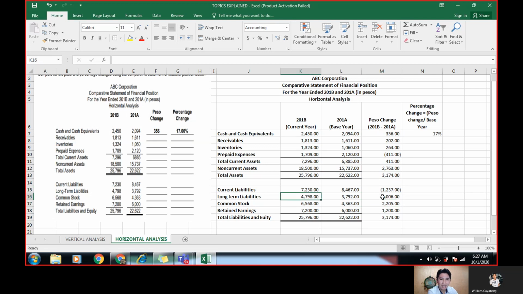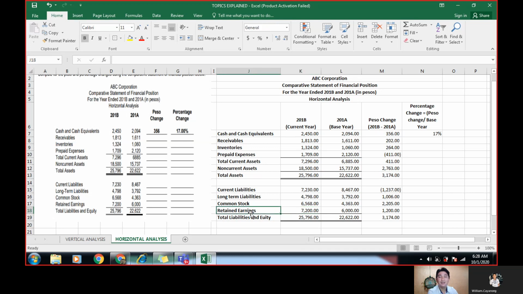Long term, medyo tumaas. Siguro nagkaroon sila ng loan during the current year, kaya tumaas ng 1,006 pesos. Yung stocks nila is medyo tumaas from 4 naging 6,000. Therefore, we could say na meron tayong additional investor na nag-invest ng stocks. Okay, at saka retained earnings natin from 6,000 naging 7,200, which means nadagdagan siya ng income natin.